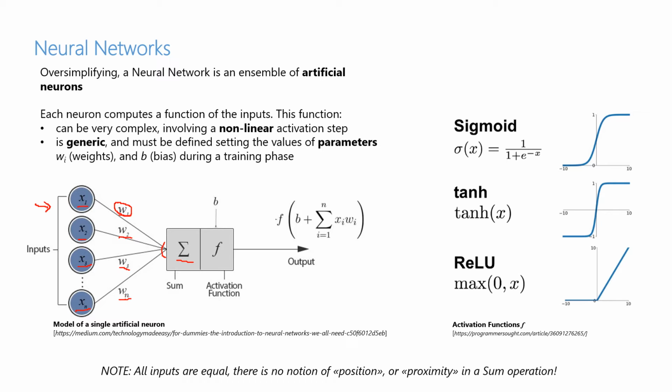The addition is incremented by another value, which is another parameter called bias, the letter B.